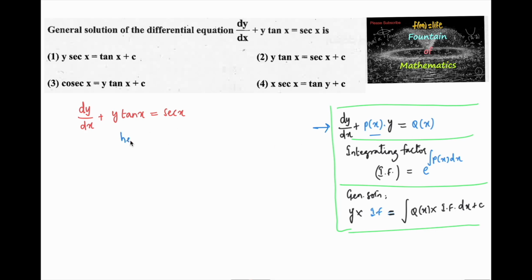So here P(x) = tan x and Q(x) = sec x. Therefore the integrating factor IF is equal to e to the power integral of P(x), that is tan x dx, which is equal to e^(log|sec x|).